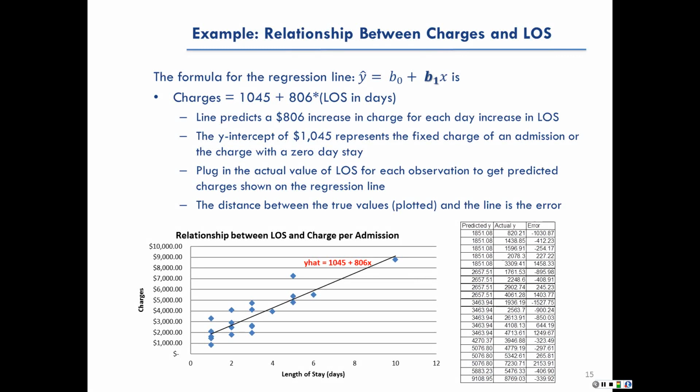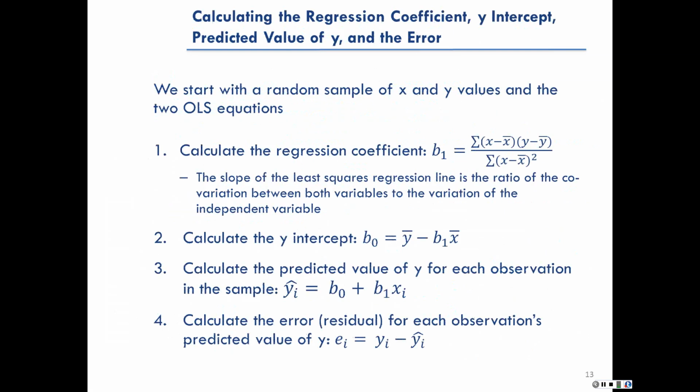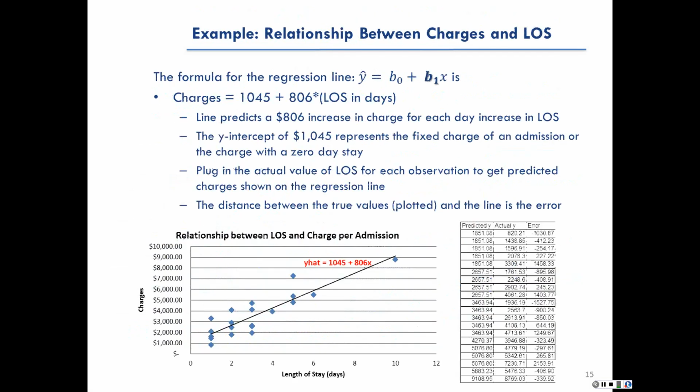And then I'm showing right beside it in the table the actual value of y. And so then the error term is the predicted value of y subtracted from the actual value of y. And so you can see what the error term is in the far right-hand corner there.